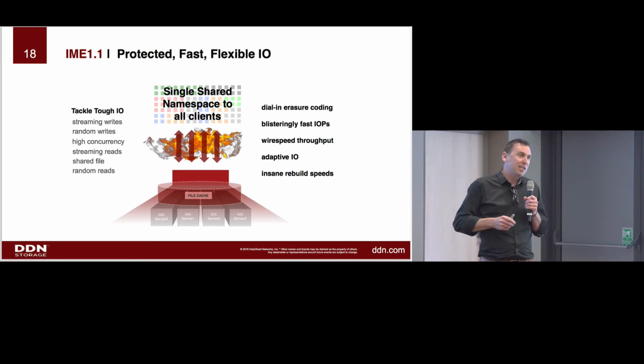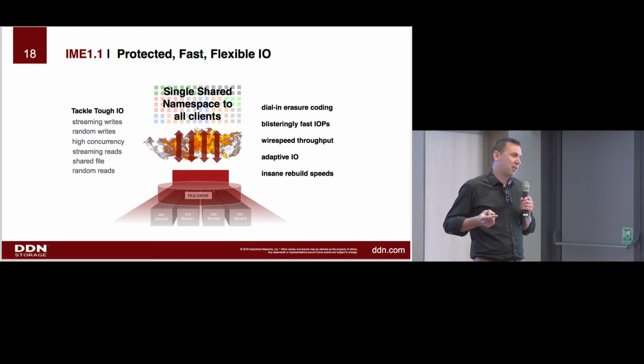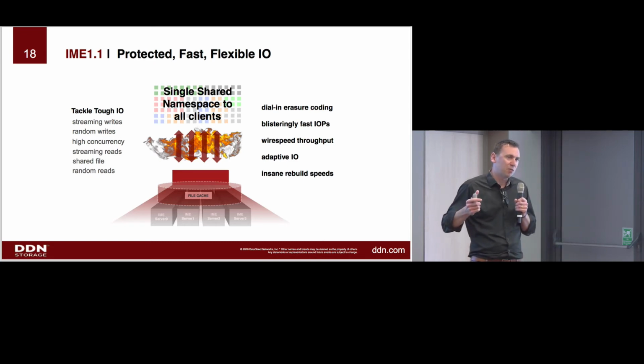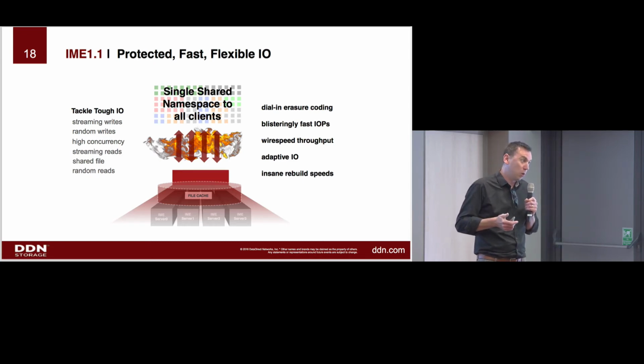On the left-hand side, you see the I/O challenges we do particularly well at. So at its base level, IME tends to compete extremely well with the parallel file system for a given number of SSDs. But for a certain fairly large subset of problems, we do extremely well. So those are characterized by random I/O, random reads, random writes. We do very well by reducing the I/O path between application and safety on this SSD layer.